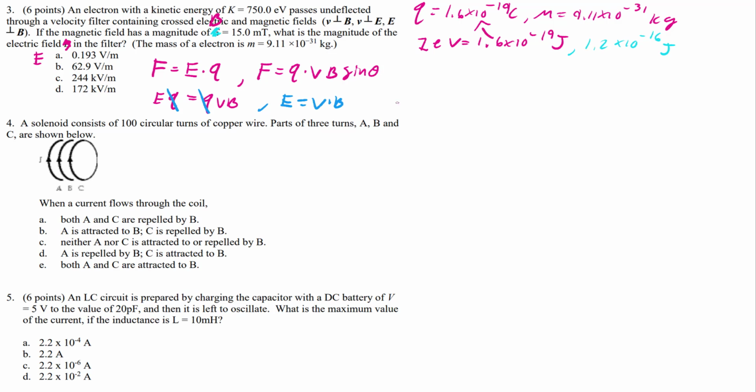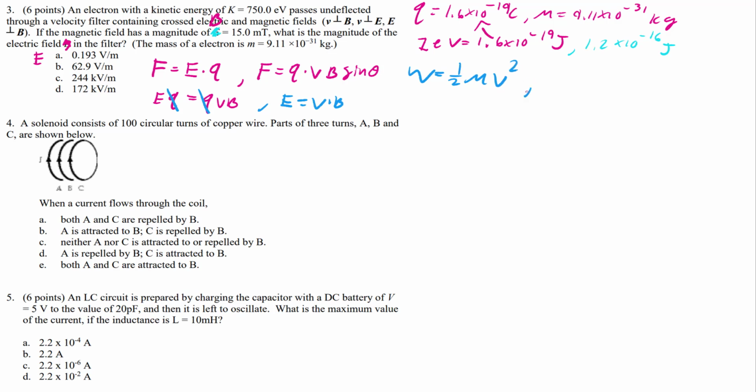Well, remember that work is equal to the kinetic energy, or you could just call it K. But the K was 750 electron volts, and we said it's 1.2 times 10 to the negative 16 joules. But what is work? Whenever you have mass, and it's explicitly telling you that, you should be saying, well, work is equal to 1/2 the mass times the velocity squared.